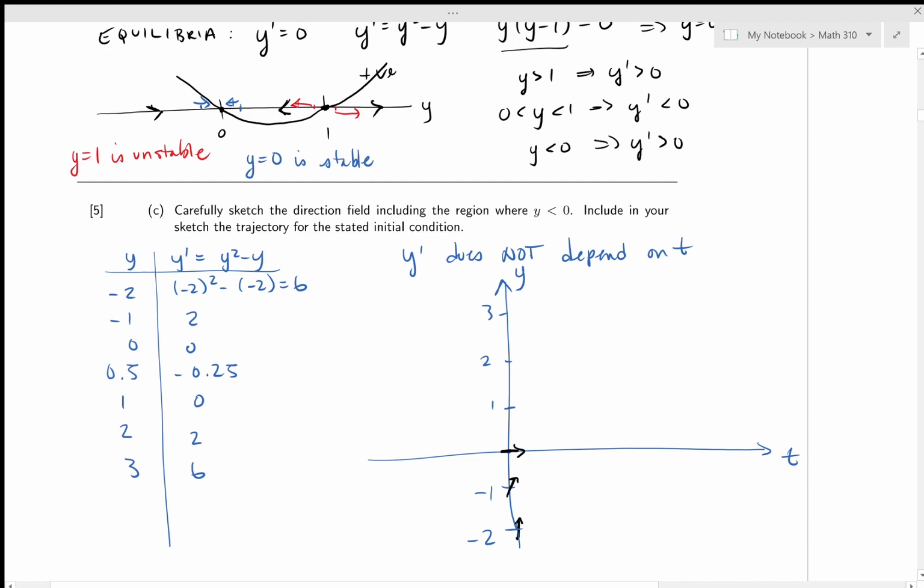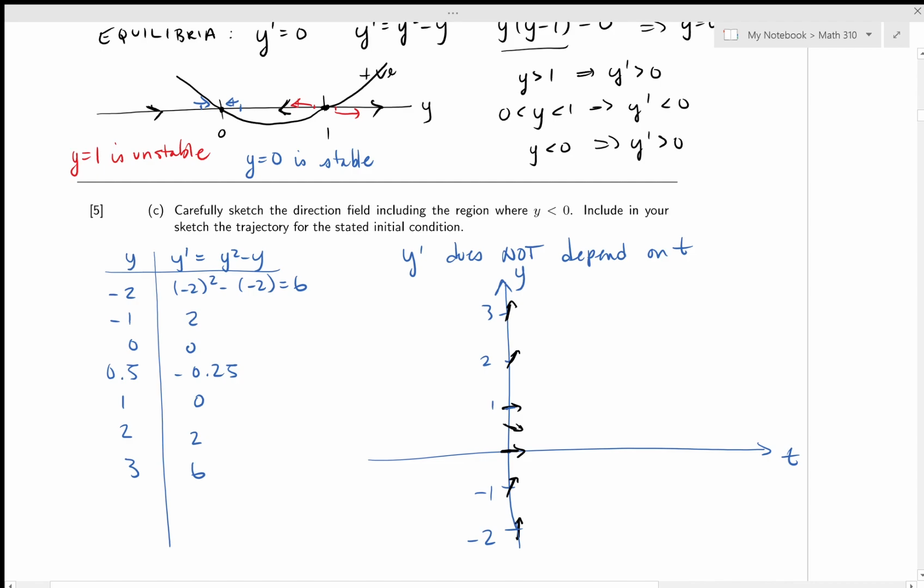When y is 0.5, I get a slight negative slope. When y is equal to 1, I have a slope of 0. And when y is 2, I have a positive slope like that, and then a more positive slope at 3.